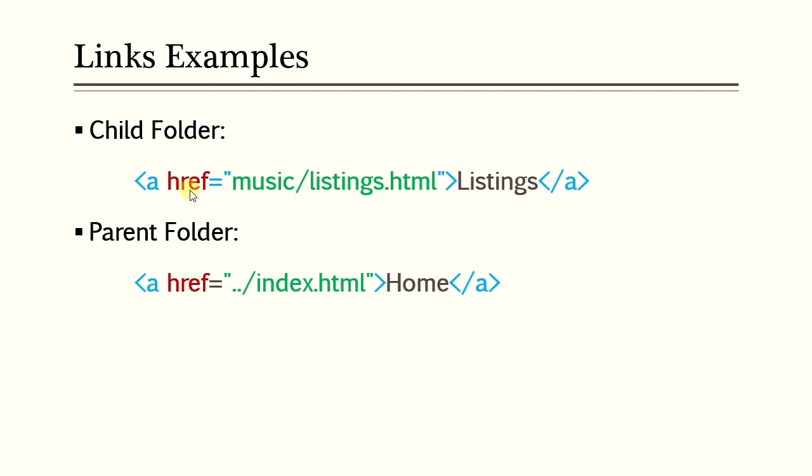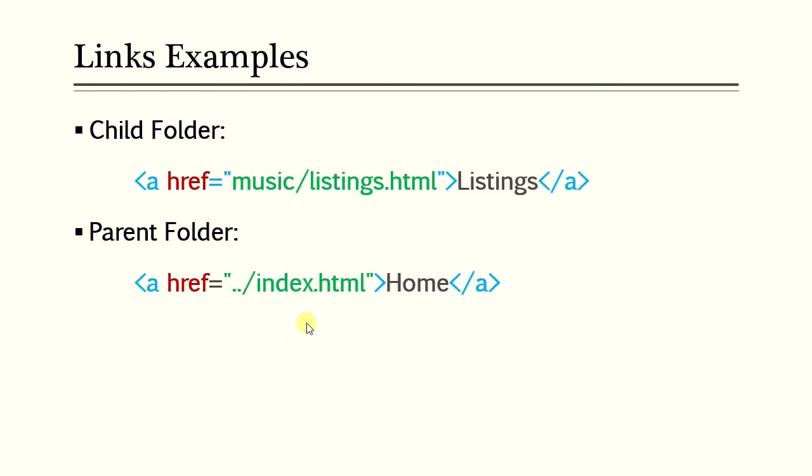If you want to access a file from a parent folder, then the value of the href attribute will be in this format, that is, mention two dots followed by a slash, then mention the name of the file.